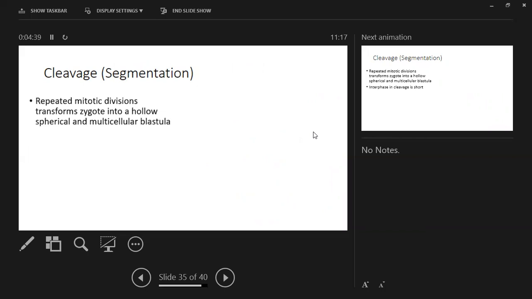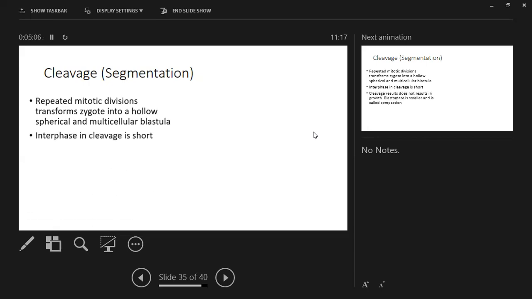Meristematic tissues are the tissues which have the ability to divide very fast. Initially, it will divide very fast, then it will get converted into permanent tissue. So these are something like meristematic tissues. They keep on dividing, and it transforms the zygote into a hollow, spherical and multicellular blastula. That is what the blastula is.